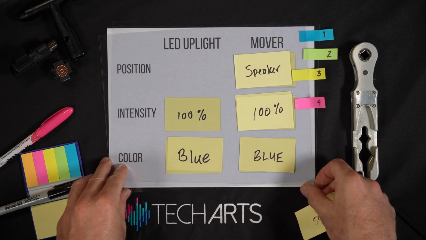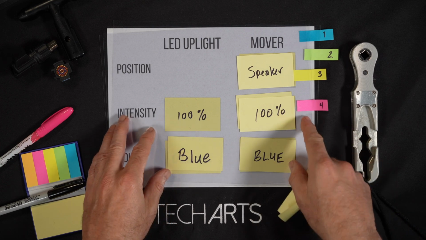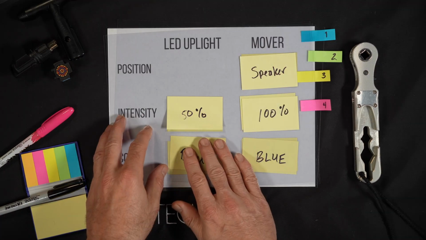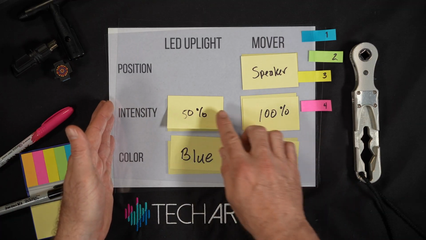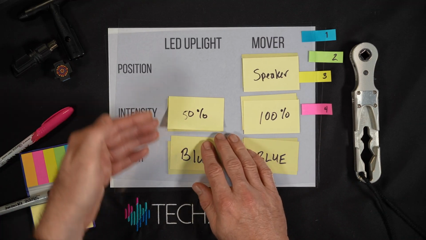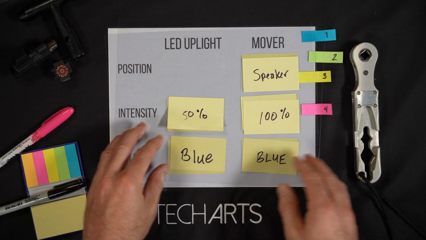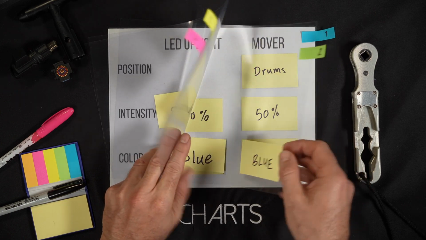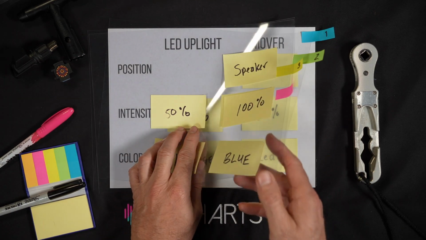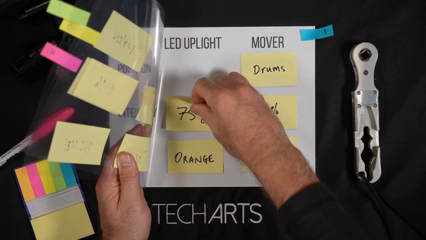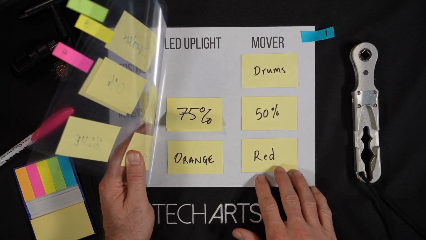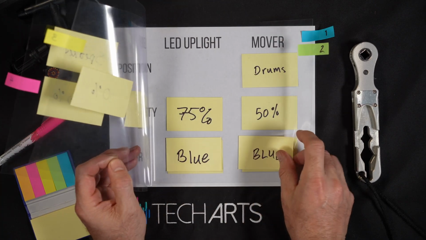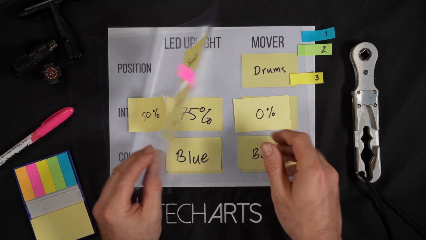Sometimes blocking is exactly what you want. You're looking at Q4 and you say, I want this to be at 50%. And it's really important for the look of this cue that this is at 50%, not tracking through from what came before it. So in this situation where you do want it to remain at 50%, say you went and changed this to 75%, which would then track through nicely as it's supposed to.